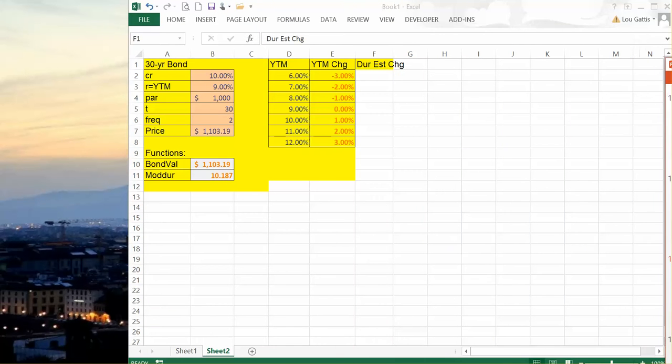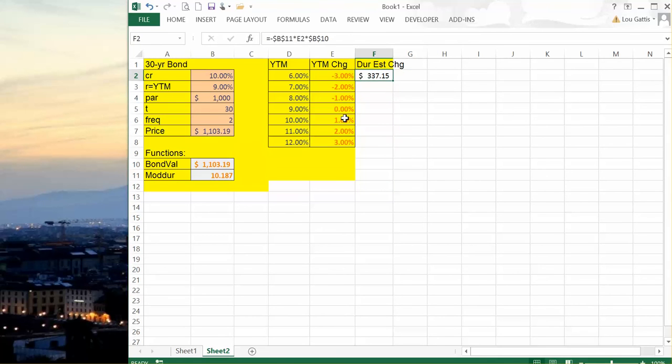So we'll go ahead and calculate that. We'll take our formula: minus duration, anchor it, times change in yield. So if the yield were 6%, that would be down 300 basis points. I won't anchor that. Times the initial bond value.